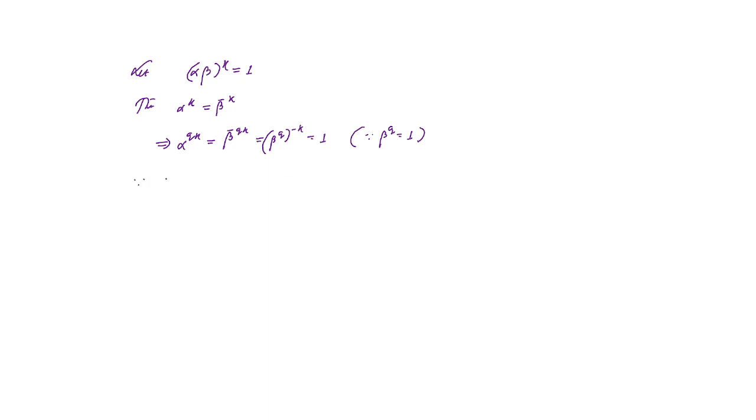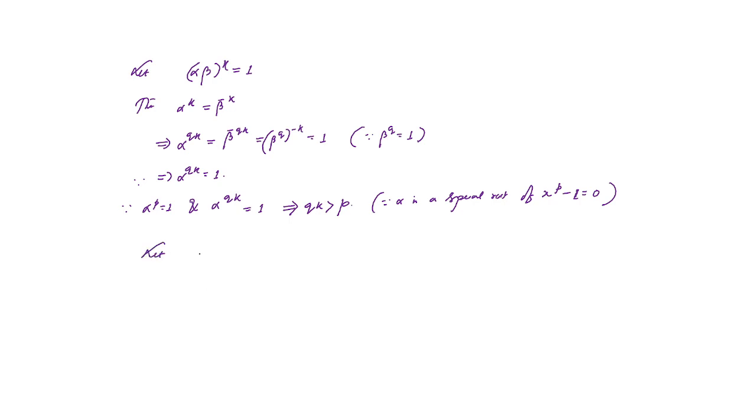So here we have alpha to the power qk, this is basically 1. Again, since alpha to the power p is 1 and alpha to the power qk equals 1, and alpha is a special root of x to the power p minus 1 equals 0, qk must be a multiple of p.